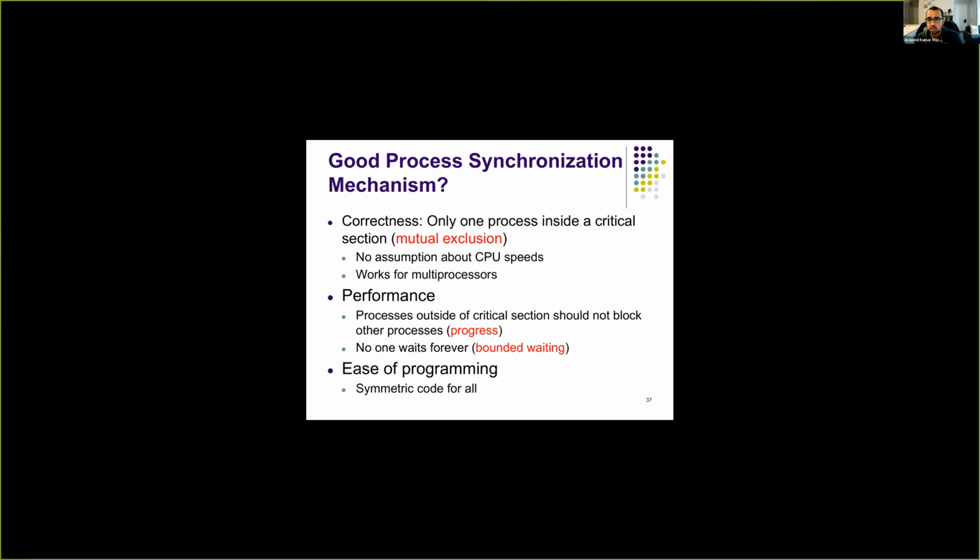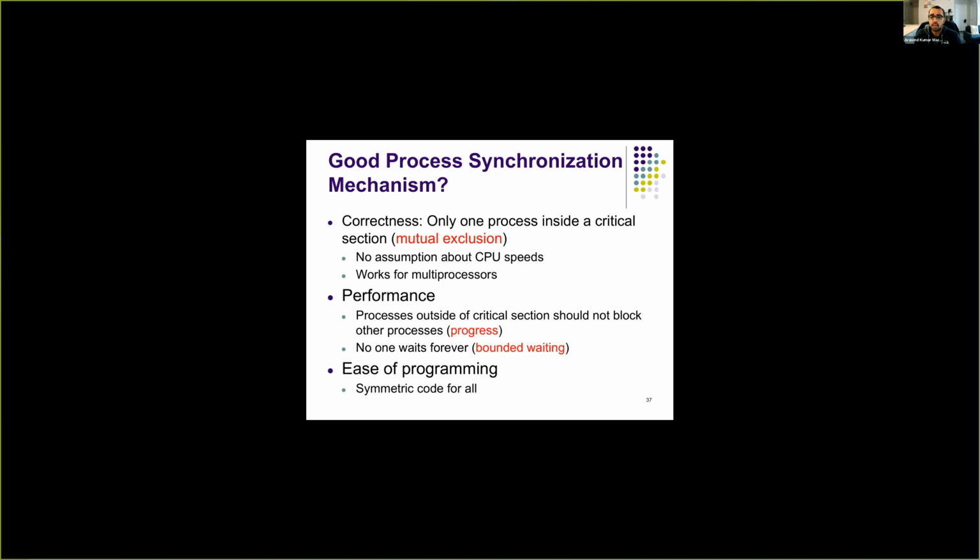And this should also work on multiple processors. Basically, it should also work when you have multiple CPUs running your code. And finally, we should also make sure that the synchronization mechanism is efficient. Basically, it has good performance.